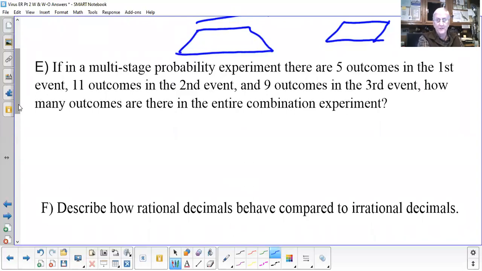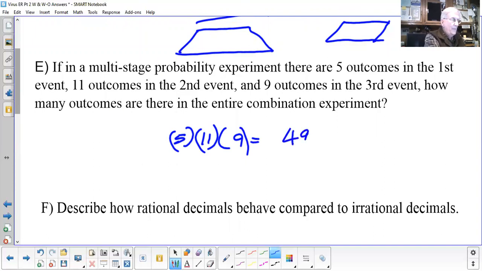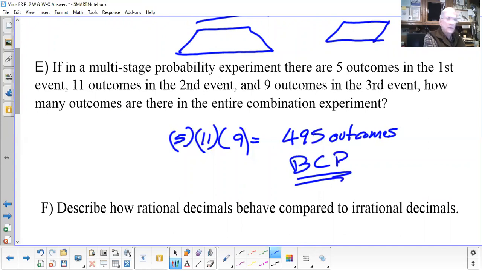Well, the answer is you multiply them. So it is simply 5 times 11 times 9, or 55 times 9, and that gives you 495 possible outcomes. This is the BCP, the basic counting principle of probability.